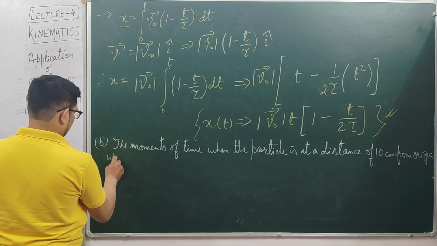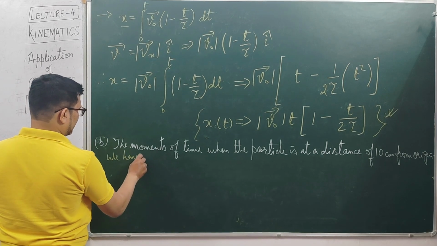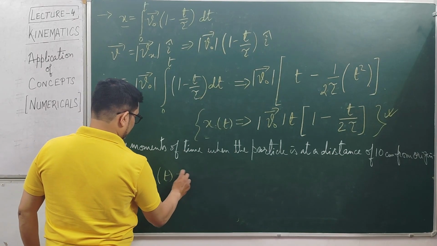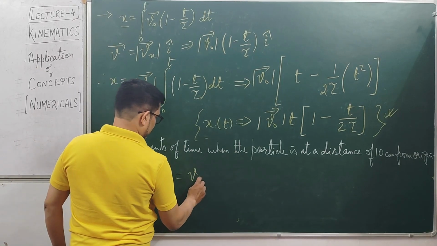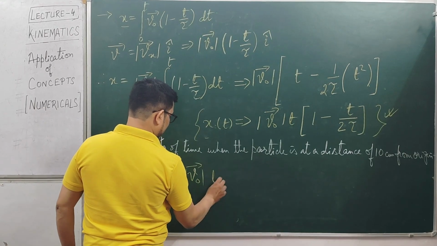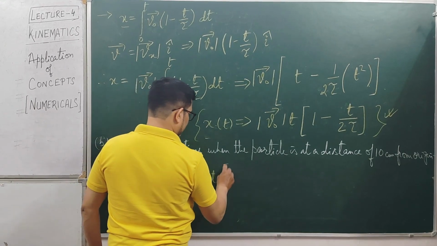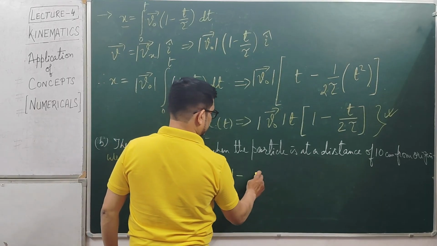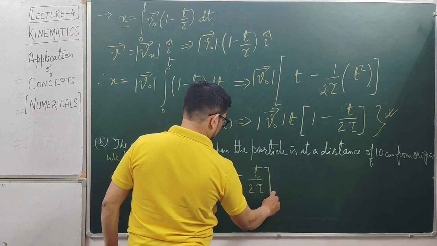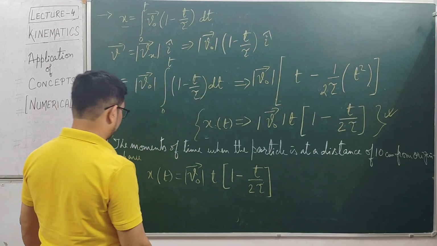We have already derived this equation, that is x as a function of time, where the magnitude of v naught is 10, times t, and in the bracket we have 1 minus t over twice tau. This is what we have.